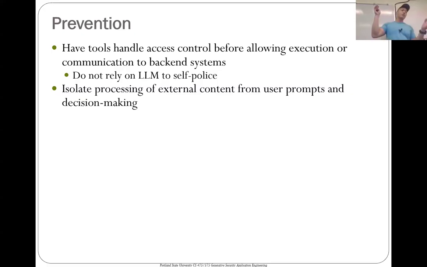Isolate the processing of external content from the decision making. So I went to a talk last week. Basically, autonomous drones trying to make emergency landings. They're trying to find a rooftop to land, and somebody with a sign that says, "Don't land here," convinces the drone to land on the rooftop that has a bunch of people on it.